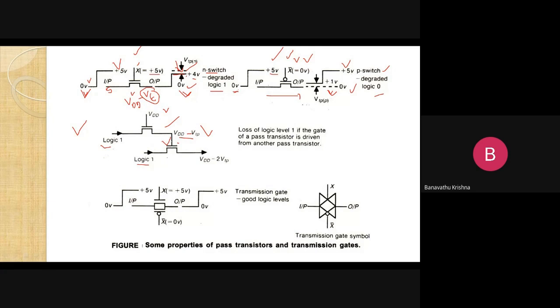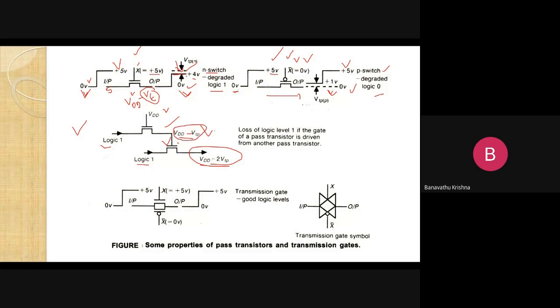This logic level is degraded by VDD minus the pass transistor threshold voltage, right? So I want to reduce this degrading level when we use pass transistors for the implementation of various logics.